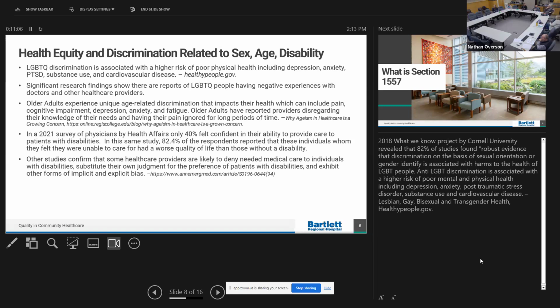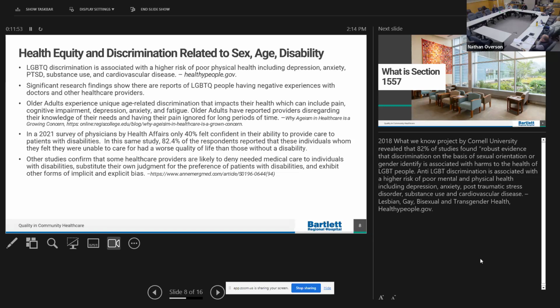If you go to healthypeople.org or other sources, they are realizing there are studies now showing that these communities have a higher risk of poor mental health and other physical health problems, including depression, anxiety, post-traumatic stress disorder, substance use, and there are studies showing that cardiovascular disease is increased in LGBTQ communities. So that's significant to find.